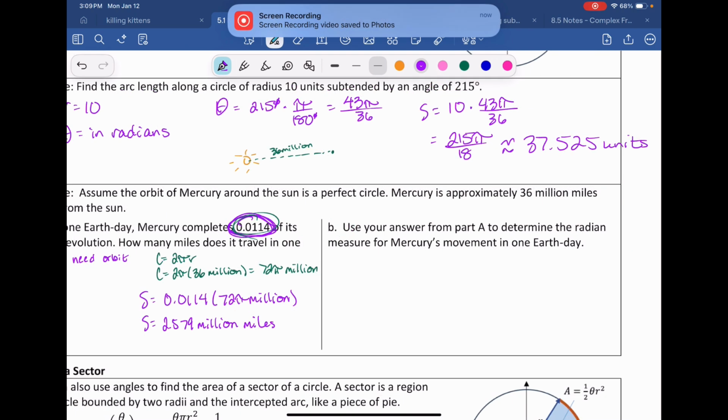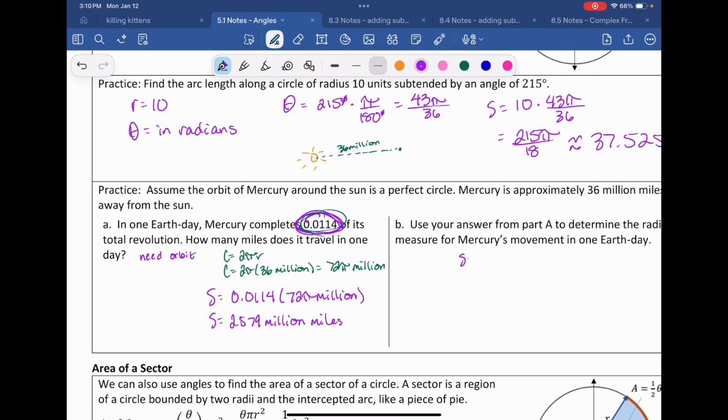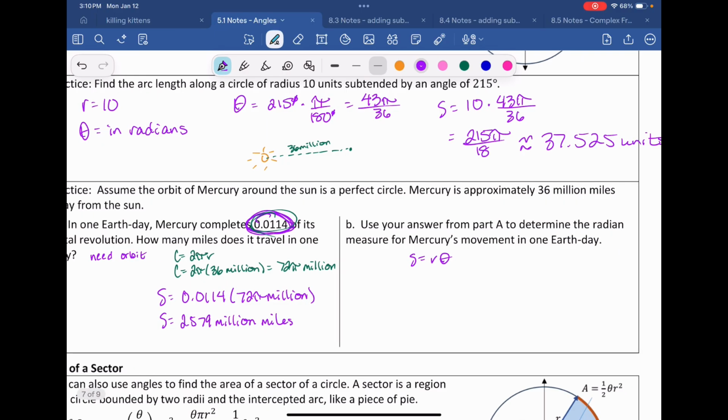All right, use your answer from part A to determine the radian measure for Mercury's movement in one Earth day. All right, so we know that arc length equals radius times theta. I have the arc length. I have the radius. I just need theta. So I am going to solve this for theta by dividing by r.